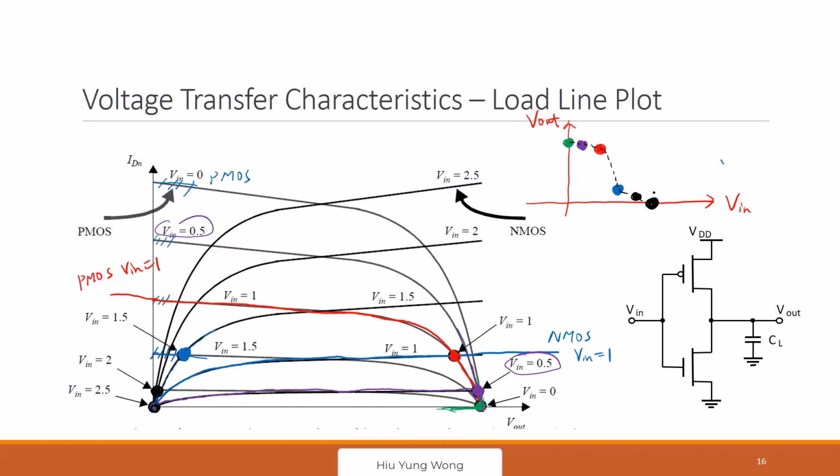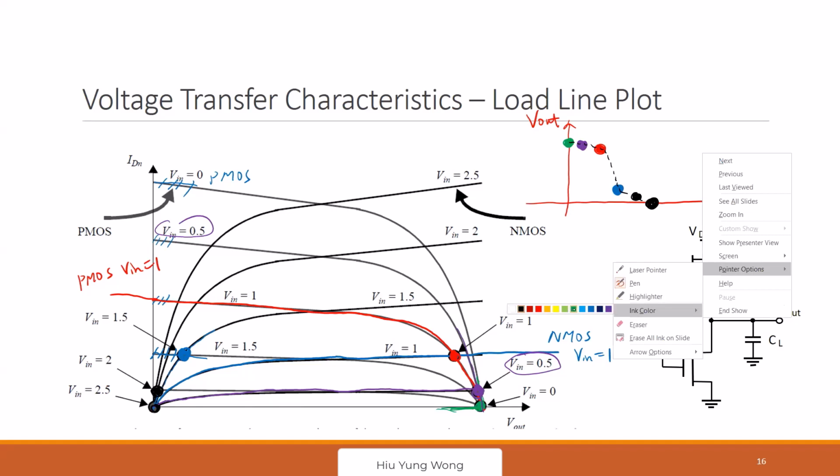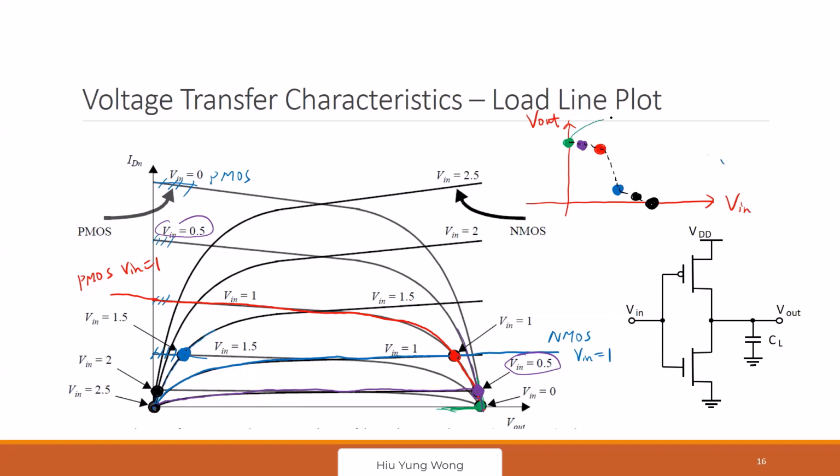I think this is very instructive because it helps you to understand the region of operation. Let me ask you, for the green one, what is the region of operation for NMOS at this point?